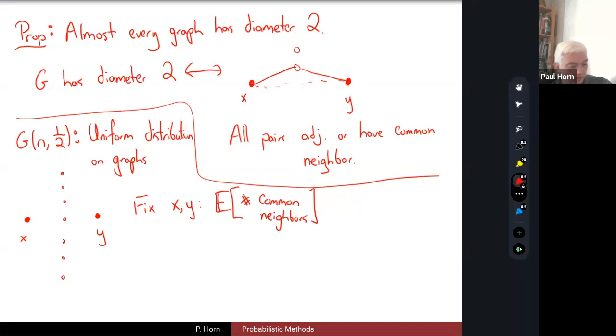So what's the probability? This is the audience participation portion of the talk, by the way, so feel free to unmute yourself or answer in chat or whatever. So I look at one of these, there are n-1 other vertices. What's the probability that both x and y are adjacent to them?